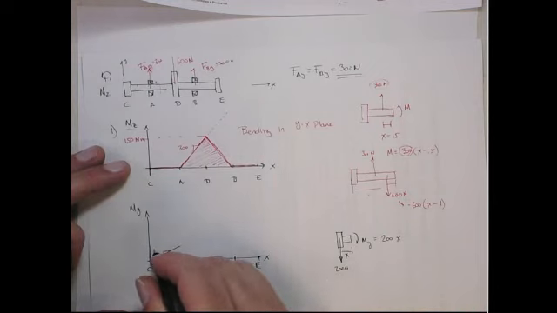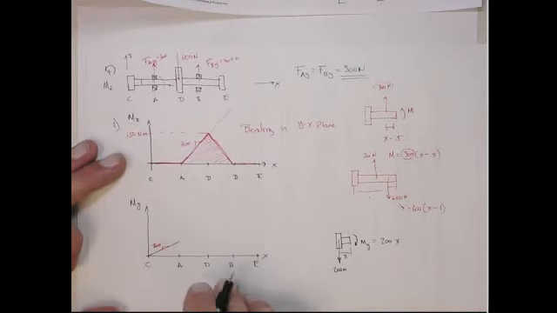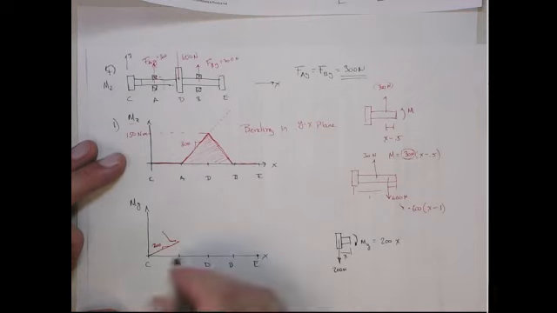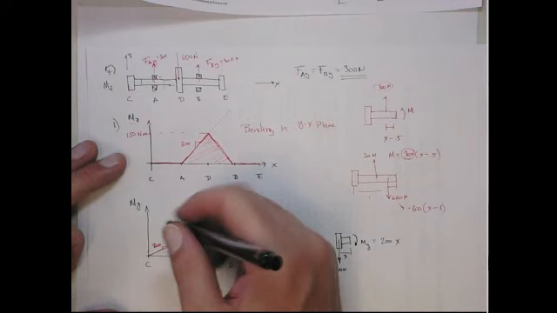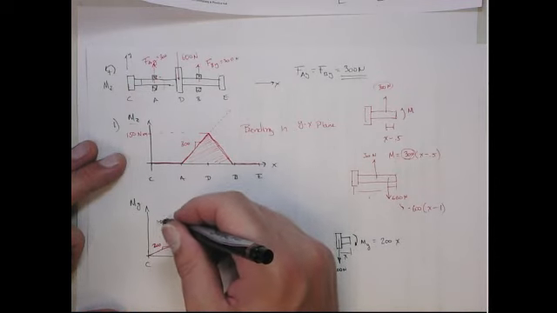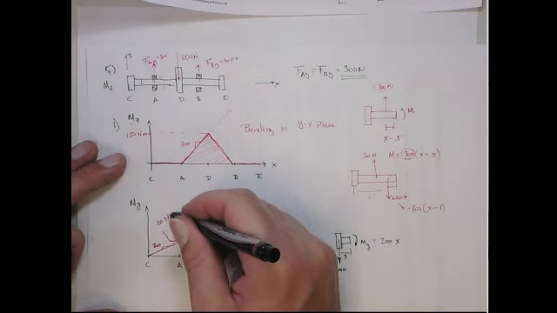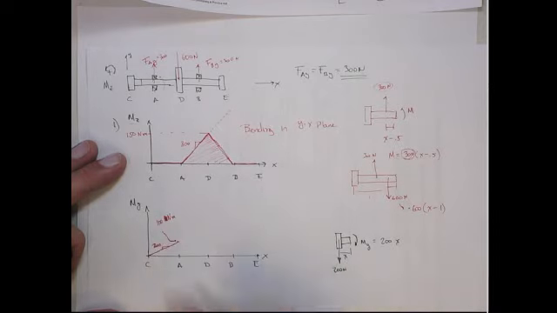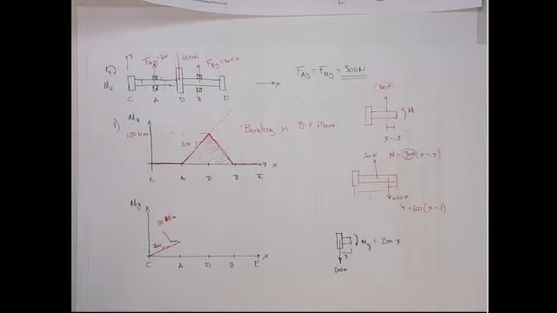So that's 200, 200. So that means this value here is going to be 200 times its arm of 0.5. So that's going to be a value of 100 Newton meters. Newton meters. Okay?